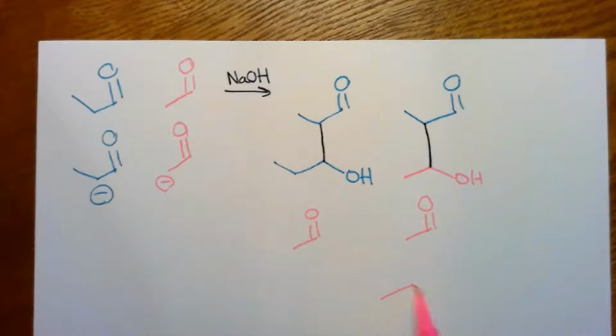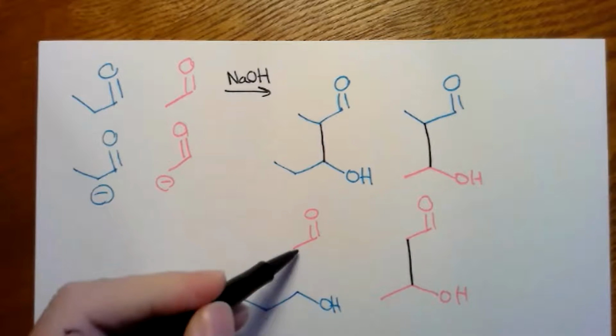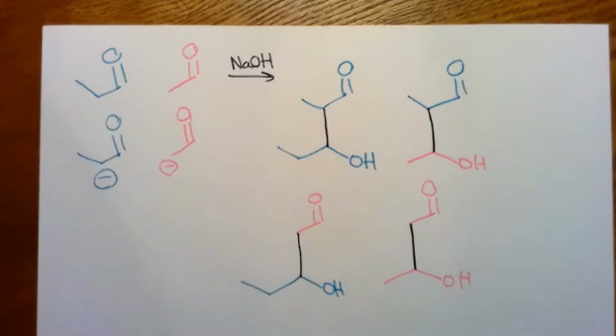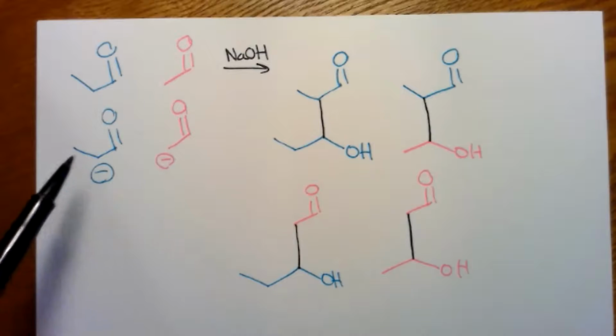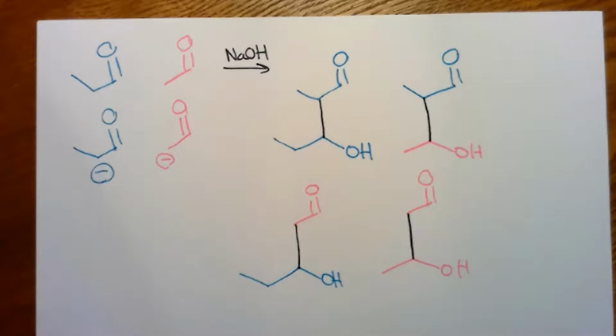Pink can attack pink to get me this product. Pink can attack blue to get me this product. So this crossed aldol creates 4 beta hydroxyaldehydes, because both of them had alpha hydrogens, so both of them can form enolates, and both of them can be attacked by an enolate.